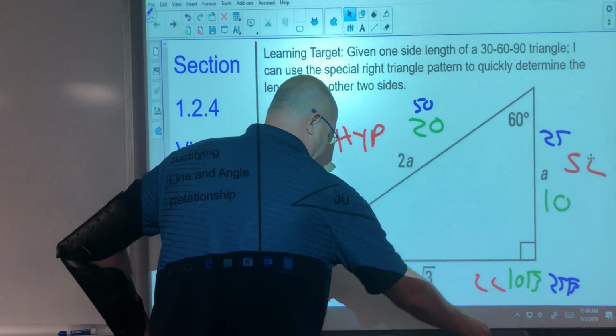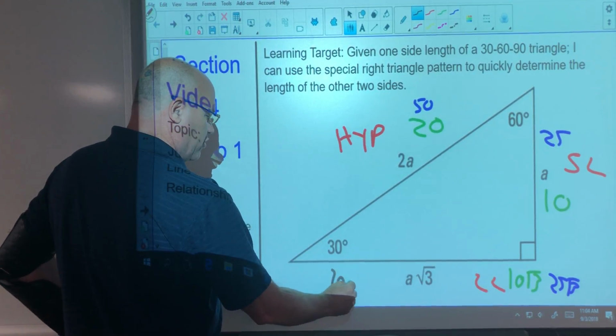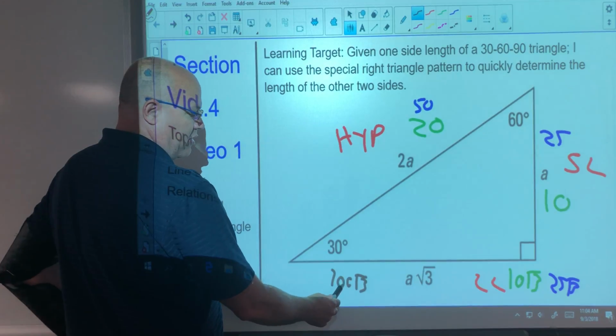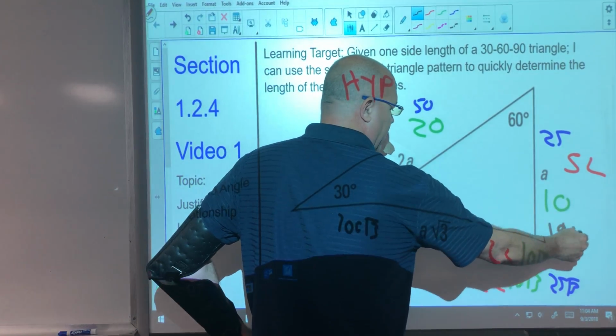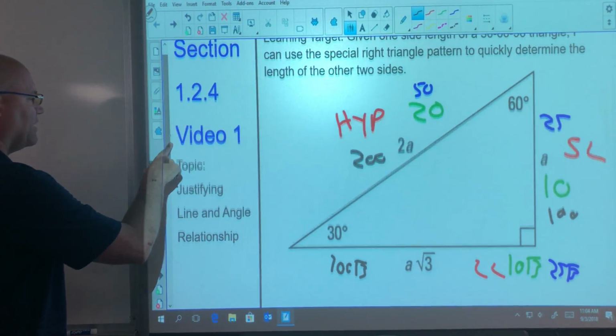All right, one more example here real quick. If I said that this is 100 square roots of 3, we divide by square root of 3, so I get this to be just 100, and then this side would be 200.